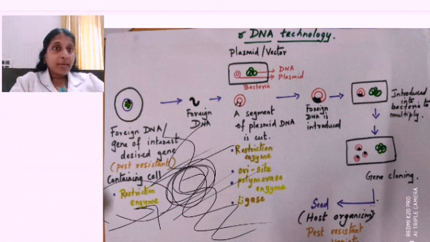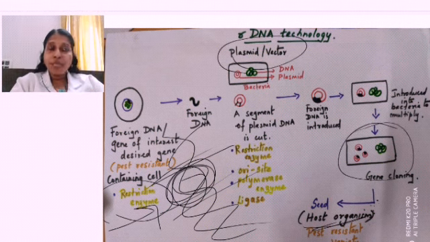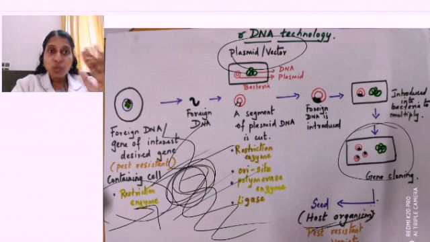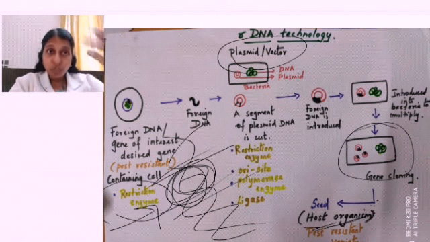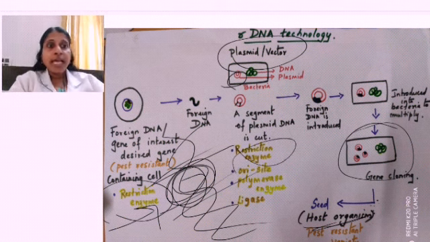Now, directly I cannot put it in the host, isn't it? So I have to first introduce it into the vector and make many copies, then only will I go for the next step. Before introducing into the host, we take the plasmid. Plasmid is an extra chromosomal DNA. There also I am adding the restriction enzyme.